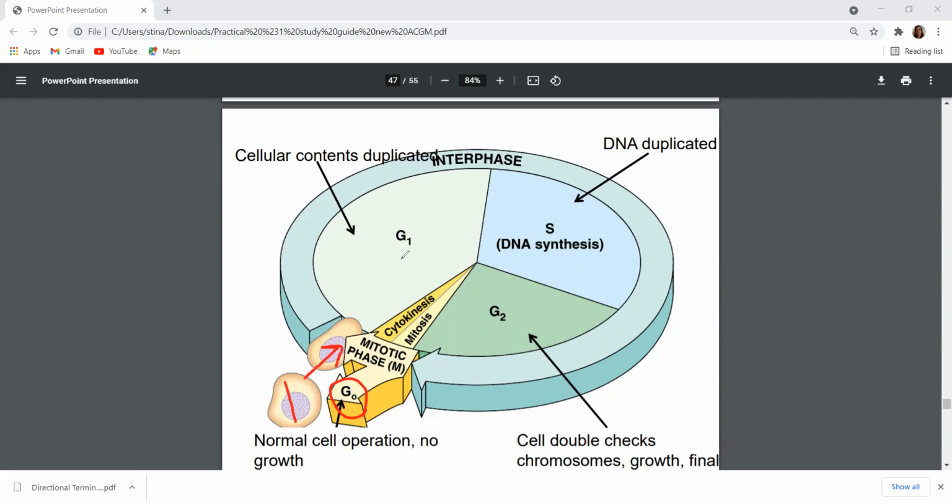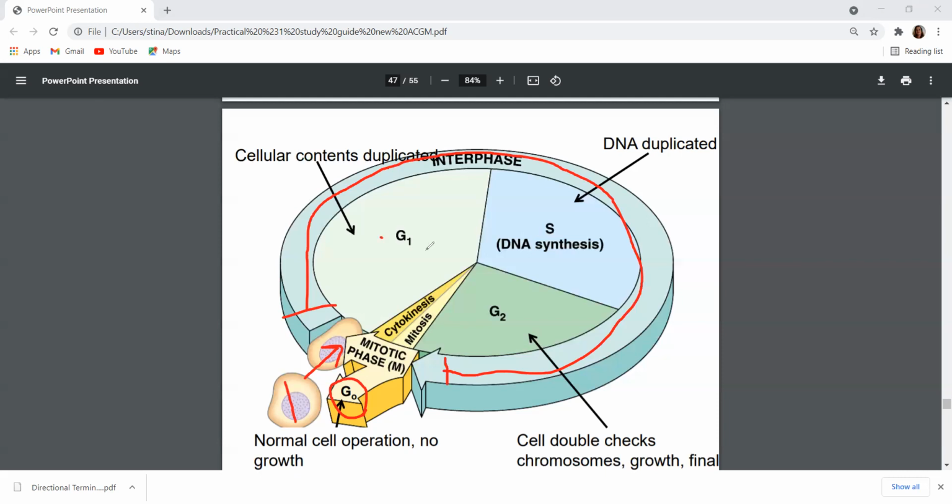The first phase it enters is called interphase. And interphase is all of this part of the circle right here. So right there, red line all the way around, all of that is interphase. And within interphase, you have 3 subphases or 3 subdivisions.